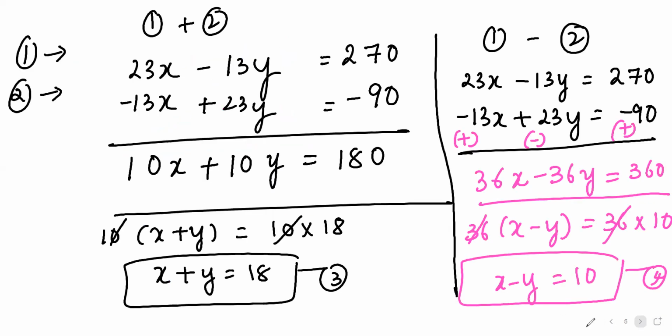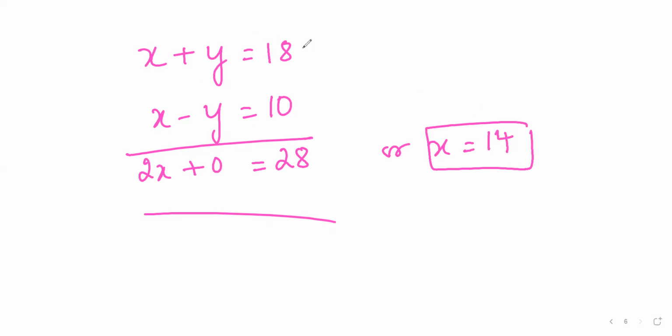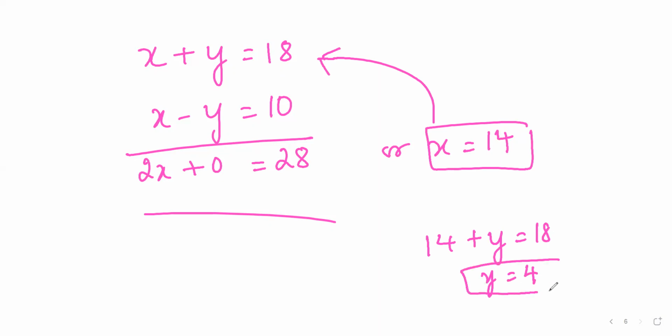You can add the equations, and you get 2x plus 0 is equal to 28, or x is equal to 28 by 2, which is 14. And you just put that back in any of the equations. Maybe I can put it in equation 3 itself. So 14 plus y is equal to 18, or y is equal to 18 minus 14, which is 4. Okay. So we got the answers.